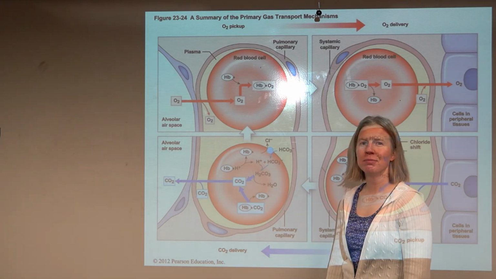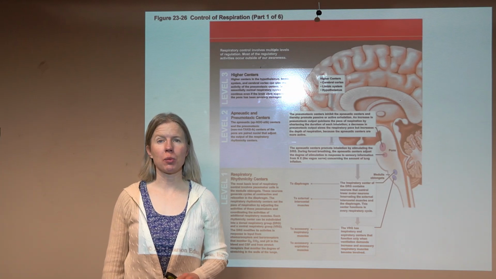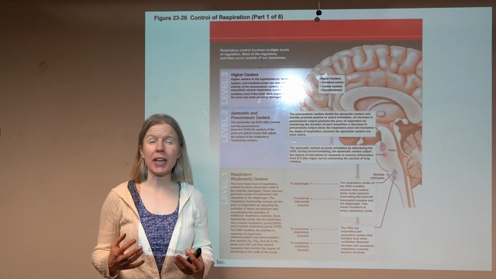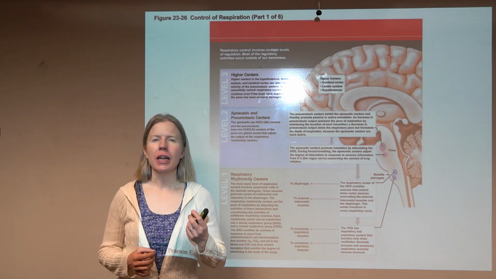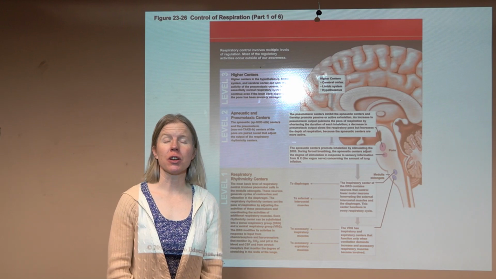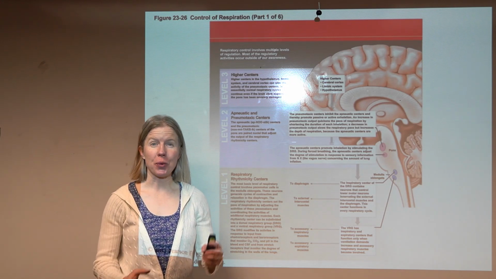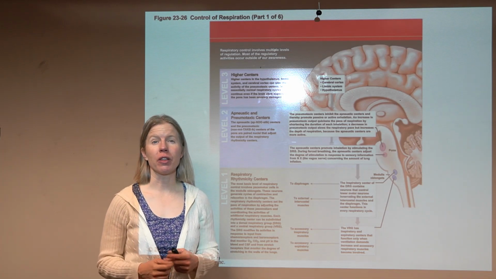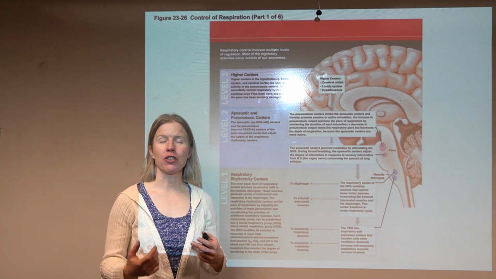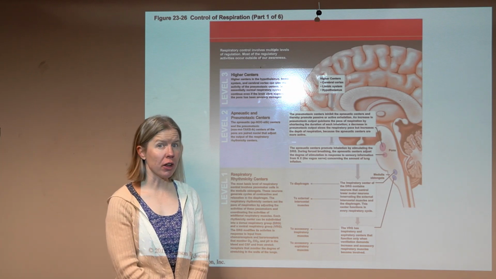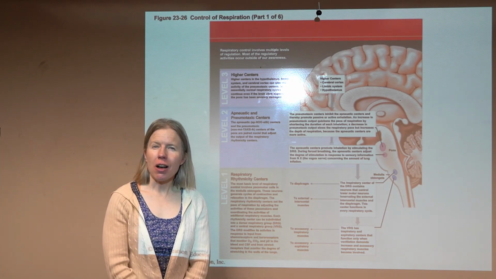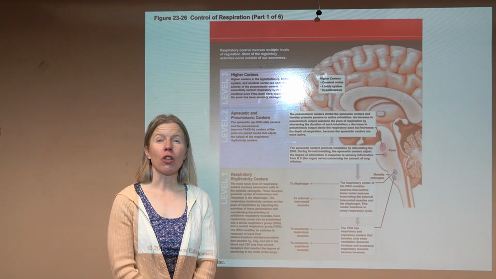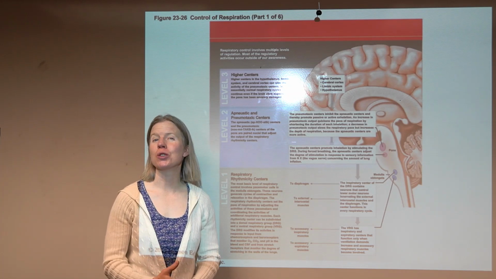Cool. As far as the control of respiration, some of it is absolutely localized, right? Those working tissues where we've got increased levels of CO2 and decreased levels of oxygen, we saw this in the cardiovascular system, those are local regulators that would cause vasodilation, trying to increase the delivery of blood flow. We also see in the lungs that the alveoli that have the highest oxygen are the alveoli that get the most blood flow.